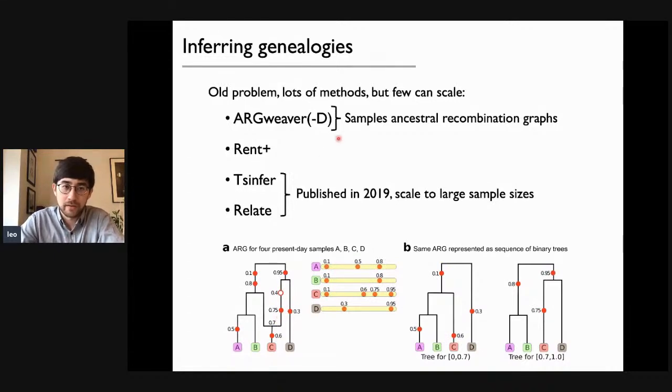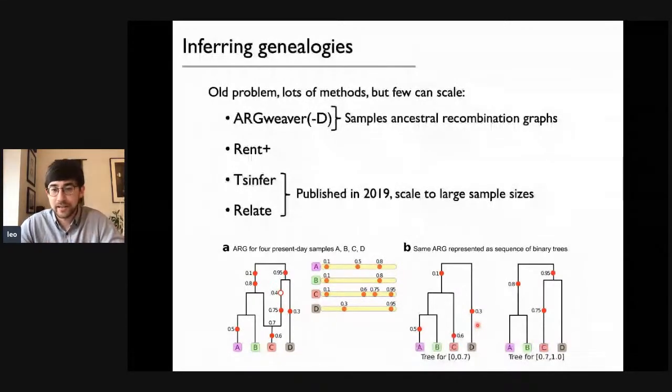So this is what Argweaver tries to do, and the other methods tend to infer something more similar to a sequence of trees, where each tree shows the genetic relationships in one part of the genome. These two representations are related. They're not quite equivalent, but they capture a lot of the same information. So when I say genealogy, I mean any of these representations.